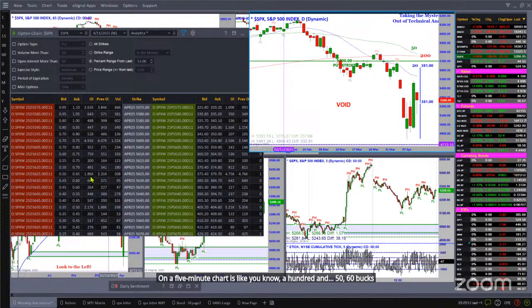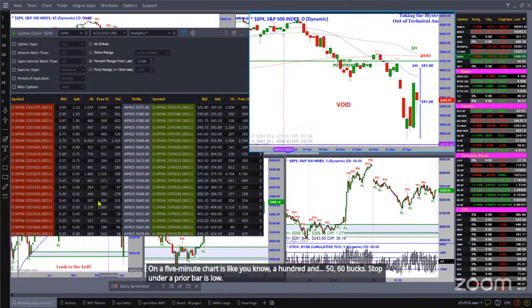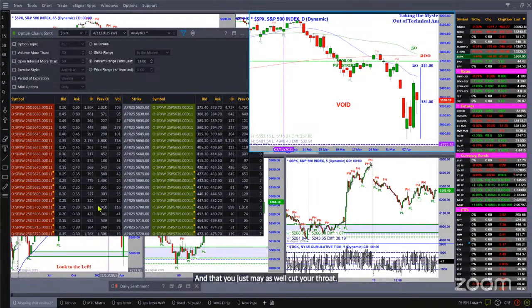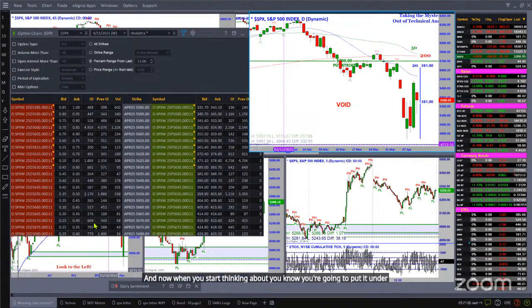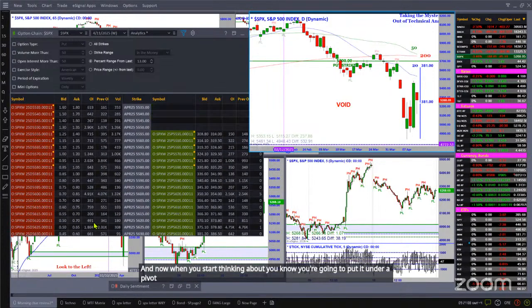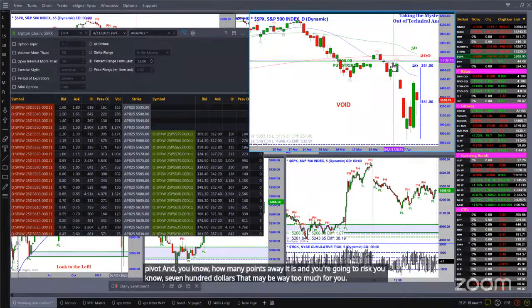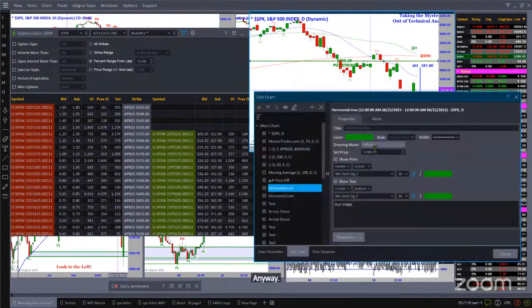Stop under a prior bar's low. You may as well cut your throat, especially in a volatile market. And now when you start thinking about putting it under a pivot, and how many points away it is, and you're going to risk $700, that may be way too much for you. 55.80. Anyway, it's something to think about.